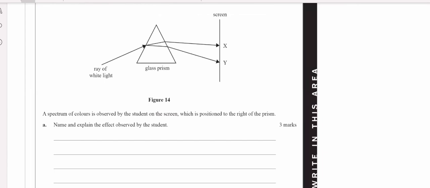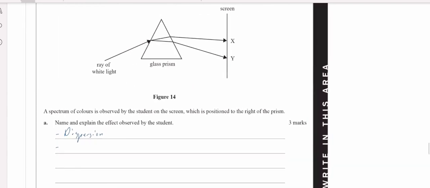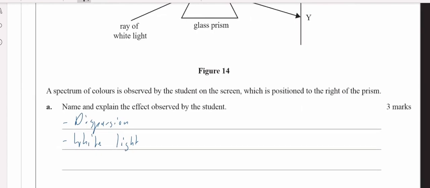Name and explain the effect observed by the student. Dispersion. So white light has different colors.